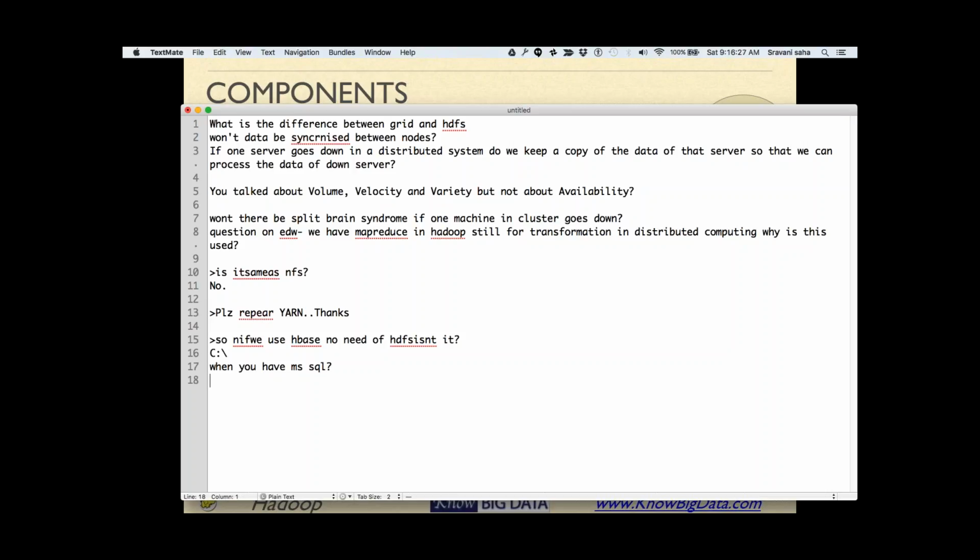Well, HDFS is a file system like your C drive, okay? And HBase is a database like MS SQL. The way MS SQL stores its data in the C drive, in the same way HBase stores its data files in the HDFS. Was I able to answer, Sindhu?